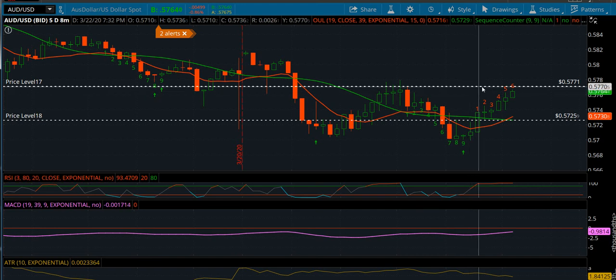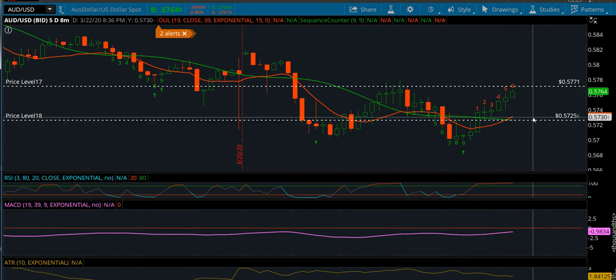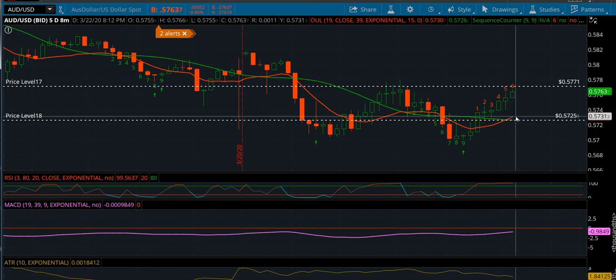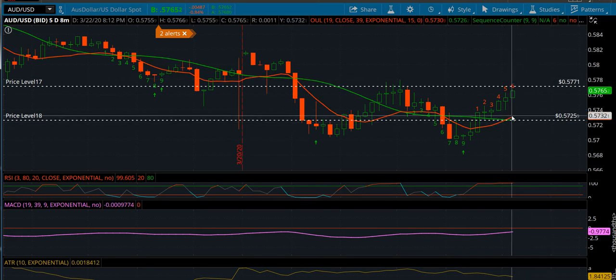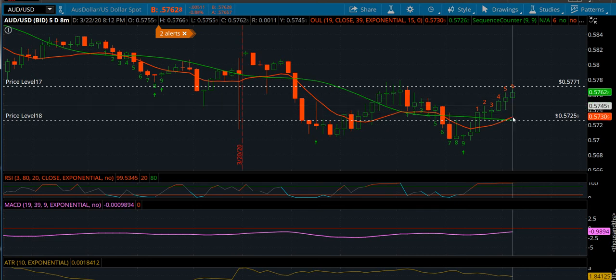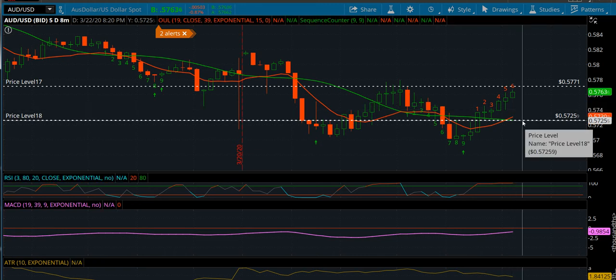however it happens, if price kisses this red line and bounces on any candle, if this candle was down here and kissed the red line and then price closed above it, that has rejected lower price.